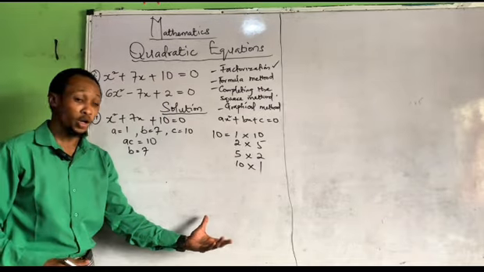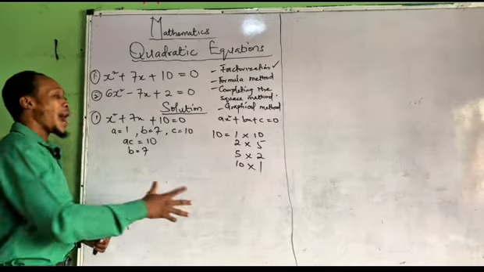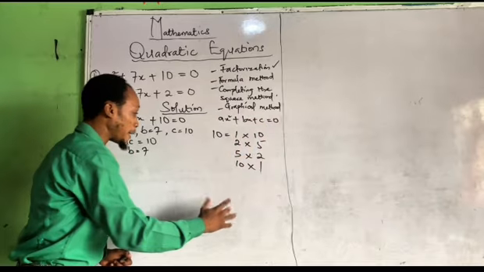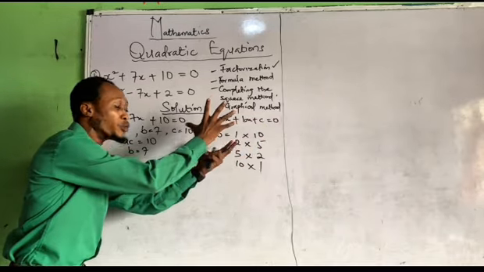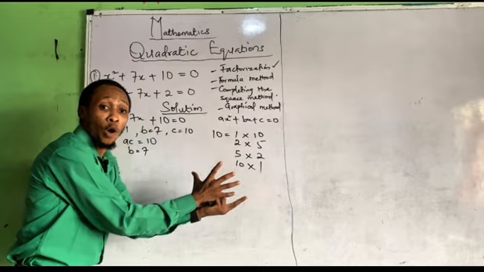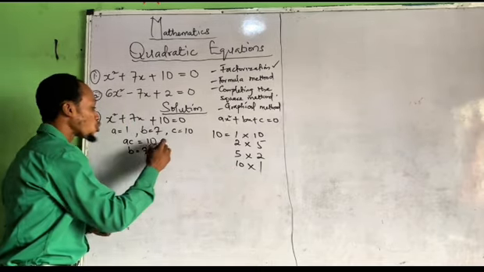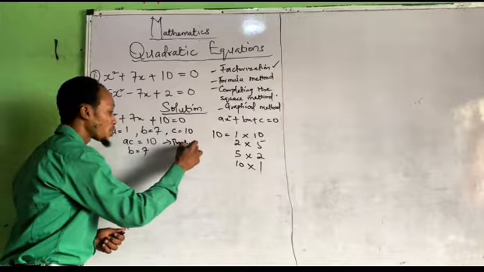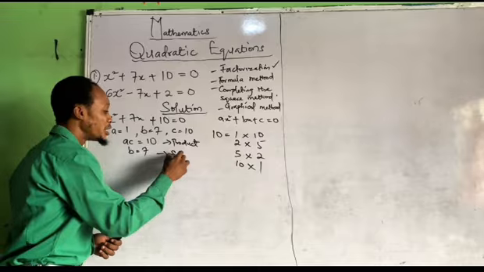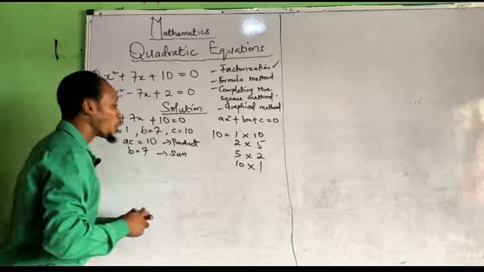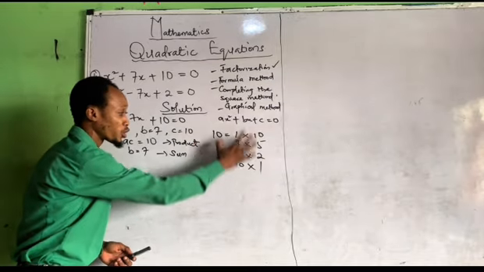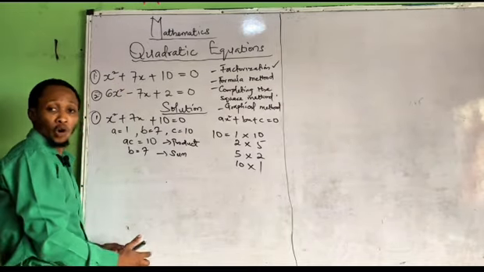Amongst these factors, which numbers will we sum up together to give us 7? These are known as the products, and this is known as the sum.